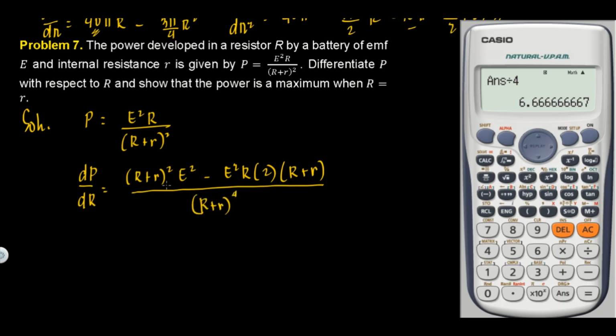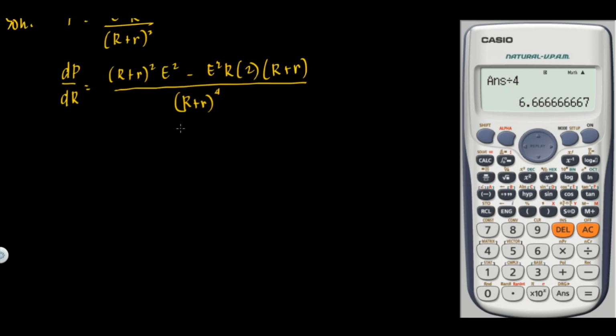Okay? Then, let's factor out E square and expand (R plus r). Okay, so dP over dR is equal to E square. Okay. Then this is (R plus r) square minus 2R square. Okay. Then 2R, then small r. Minus 2R, then small r.